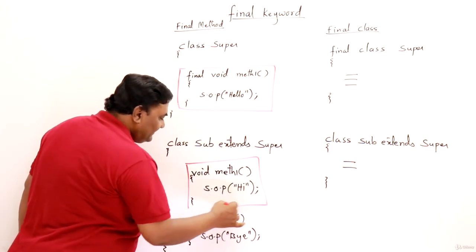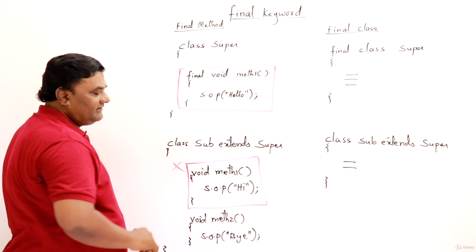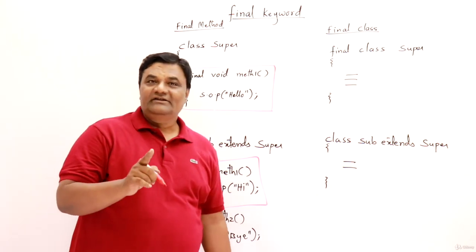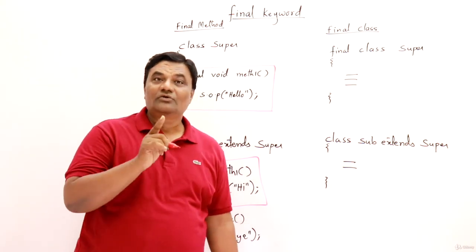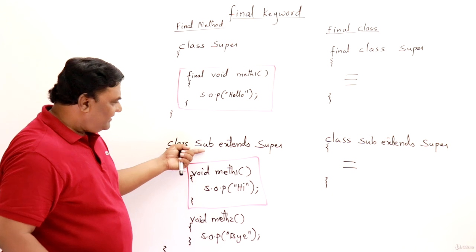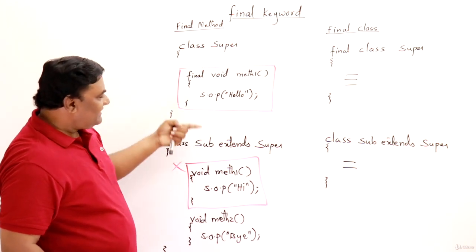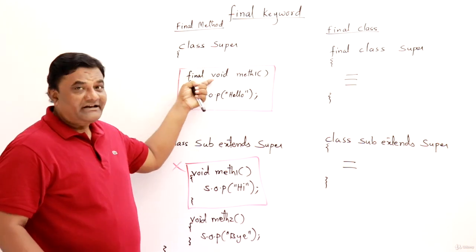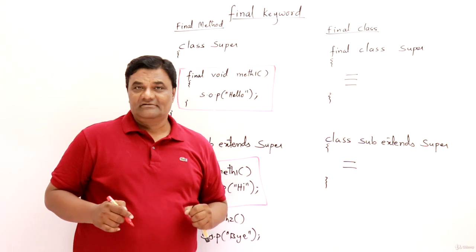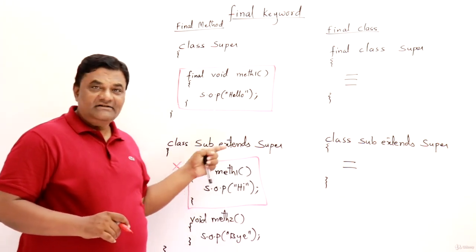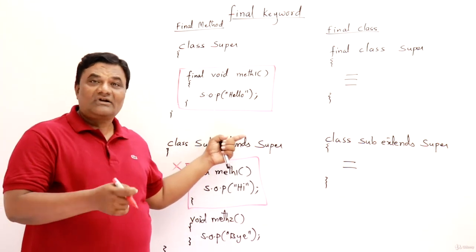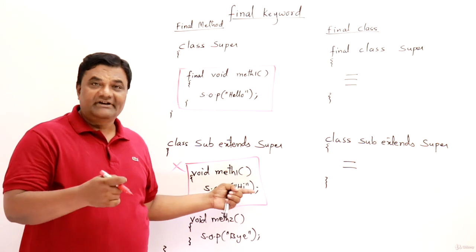If I override here, it will be an error. Final methods cannot be overridden. We can have a subclass that is inheriting from the class, but it should not redefine that method. So if a method is declared as final, it restricts overriding, redefining of that method.